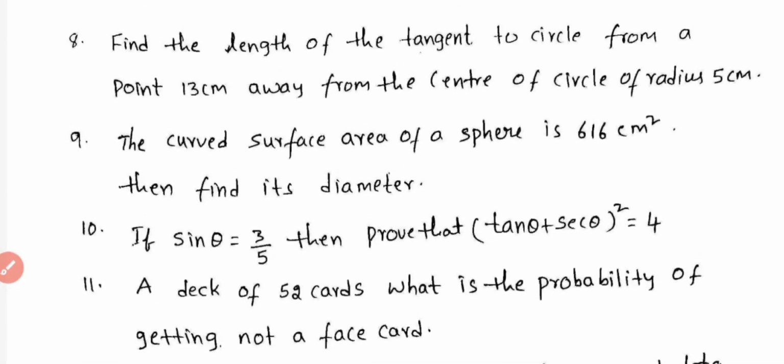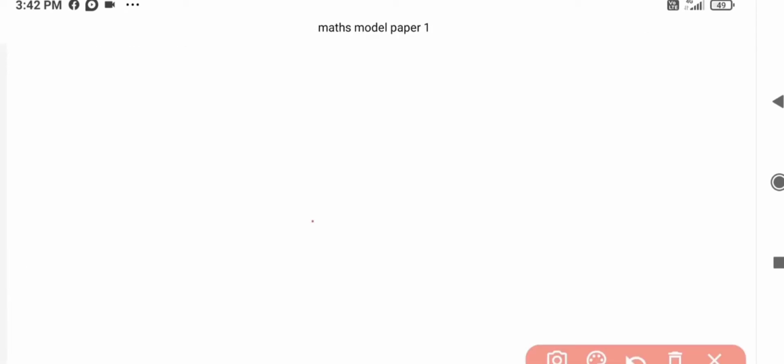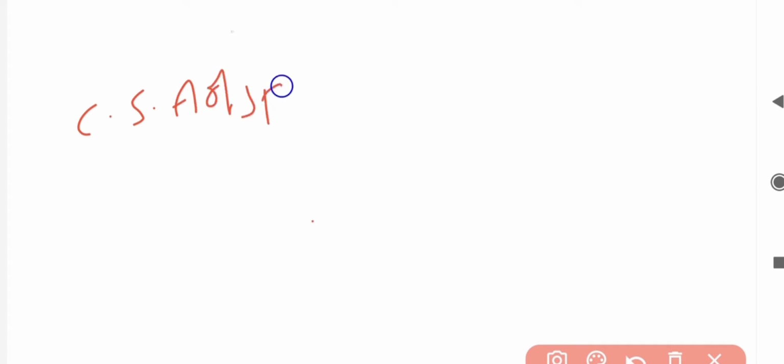Ninth one. The curved surface area of a sphere is 616. Find its diameter. So CSA of sphere is 4 pi r square, which equals 616.